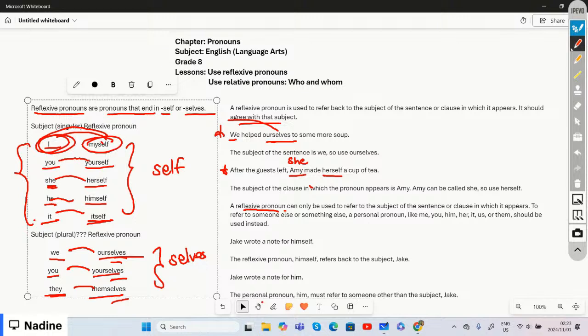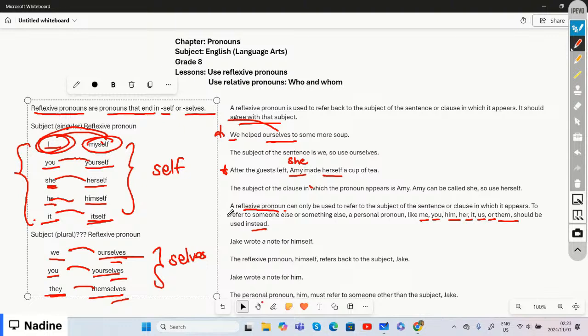To refer to someone else or something else, we may use a personal pronoun. Personal pronouns are words like me, you, him, her, it, us, or them, and should be used instead. That is if you're referring to somebody else, not referring back to your subject.